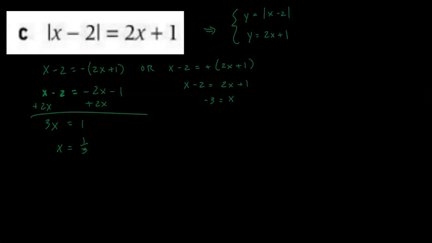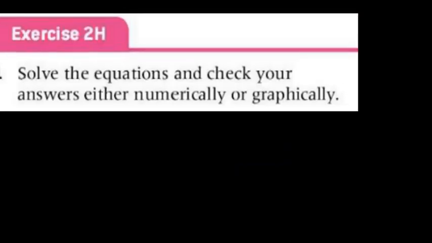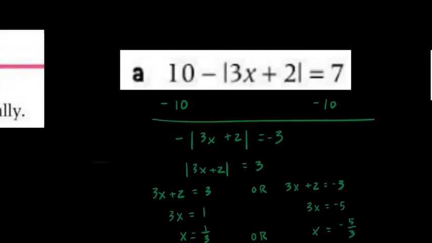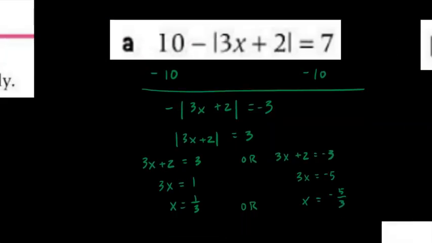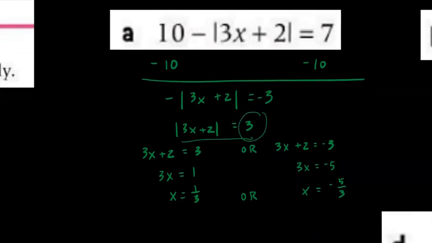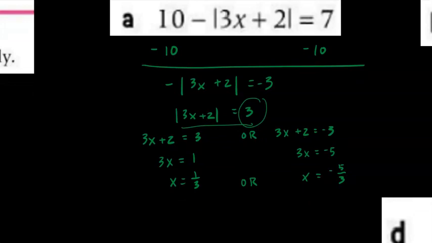Okay, and so you can either graph that and figure it out, but in most cases, when an absolute value equals a constant, when you solve, both of these answers are actually going to work, because you're really not manipulating much.